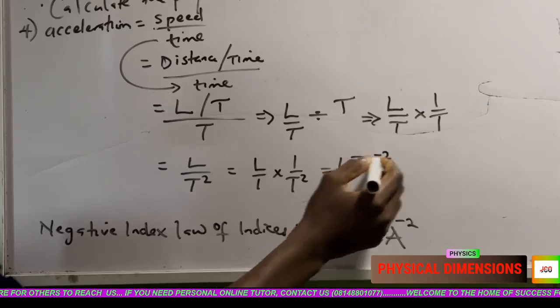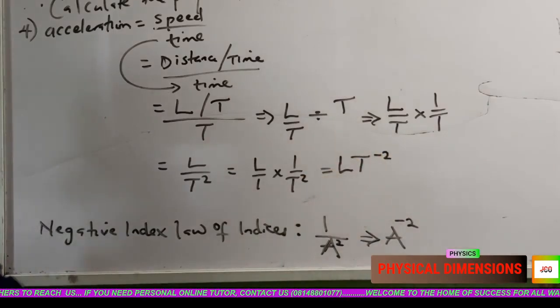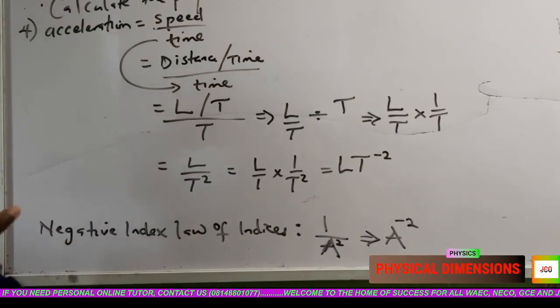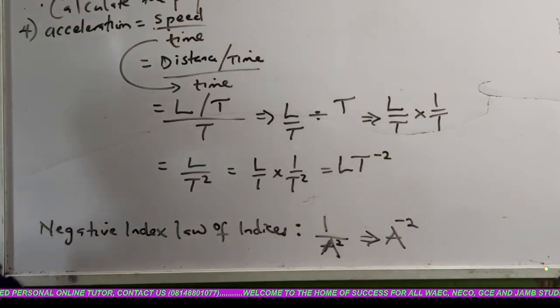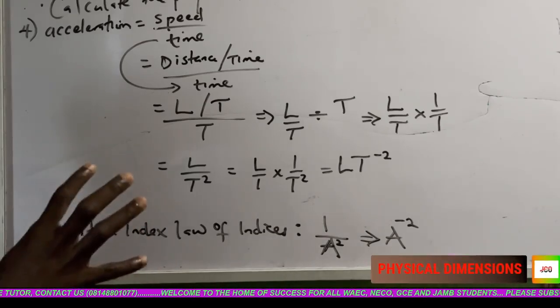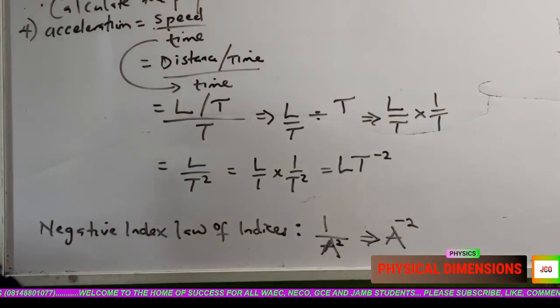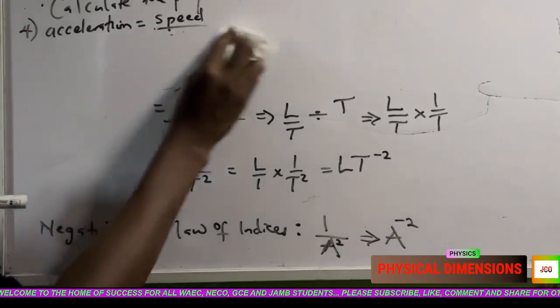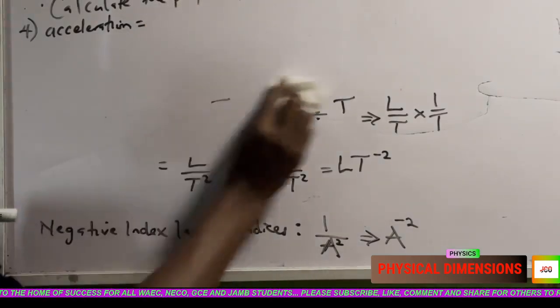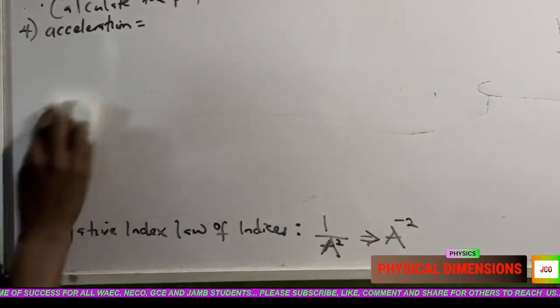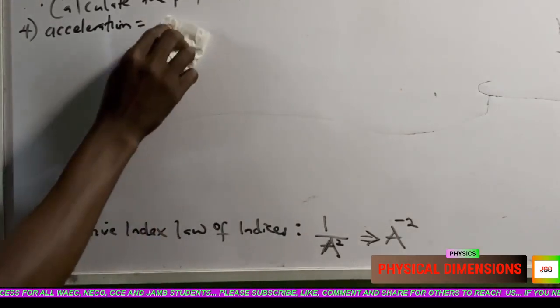T raised to power minus 2. So this is the physical dimension for acceleration. I'm going to solve it in another way, and that's the way I will use to progress further, because we're going to be dealing with longer questions solving physical dimension.